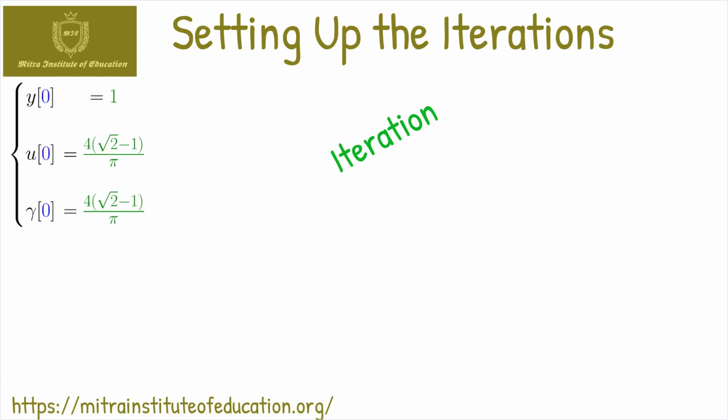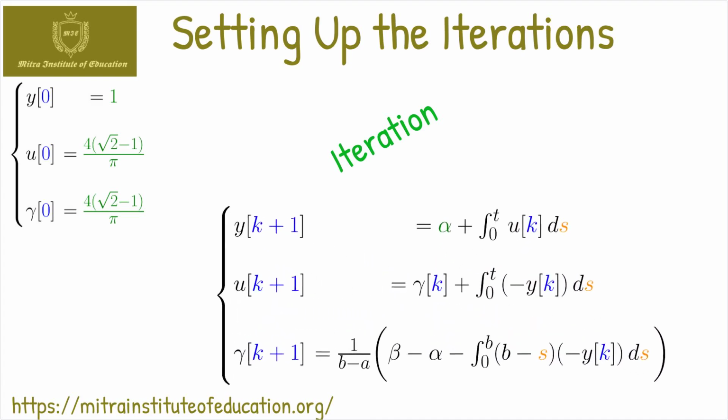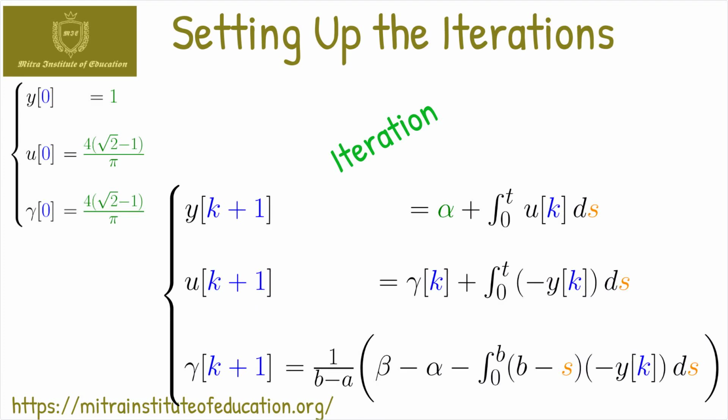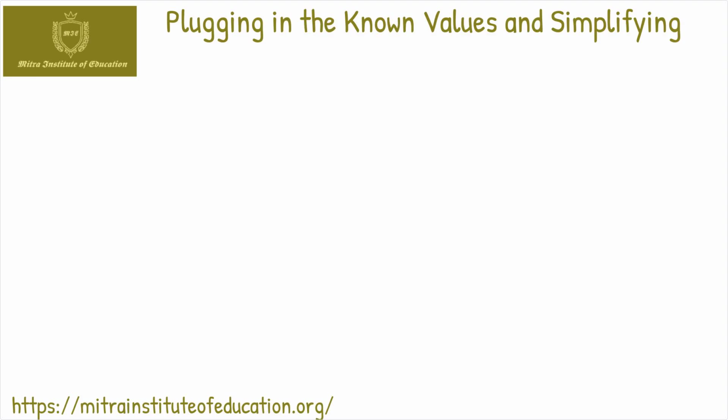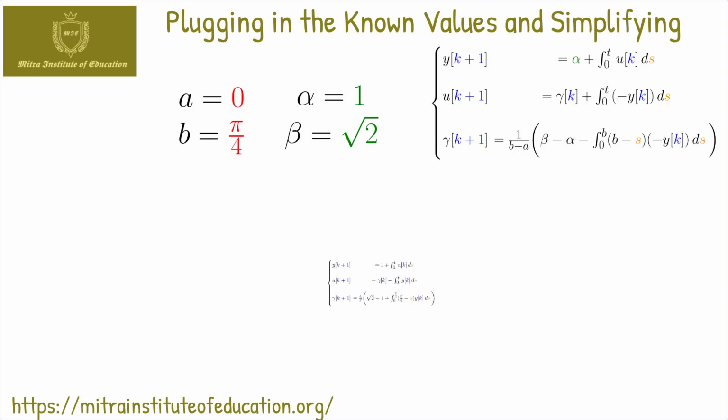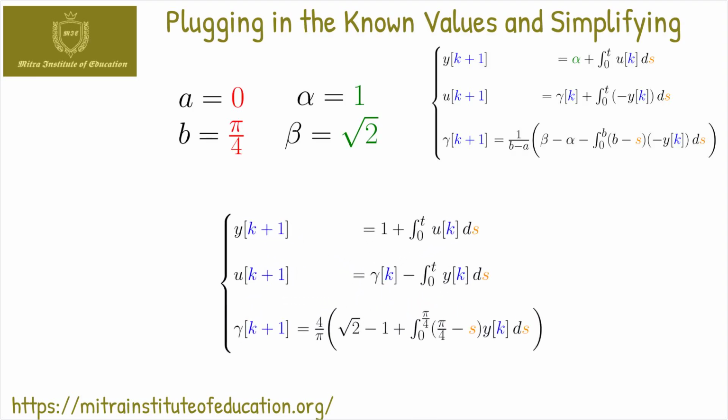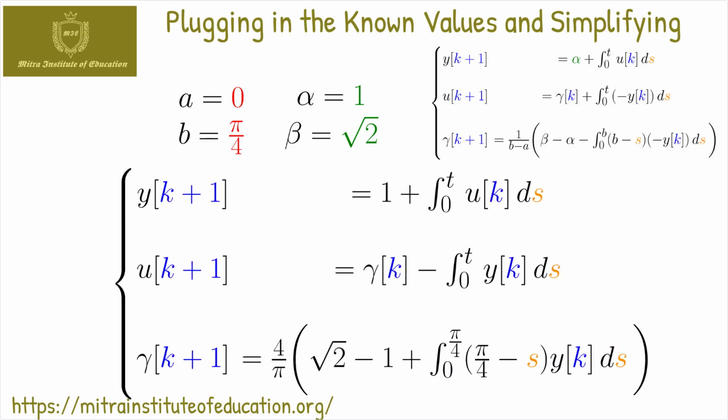In each iteration, we update our estimates for both the unknown function and the missing value. In this step, we plug in the known values into the equation. By substituting these values, we simplify the expression, which allows us to progress further in the iterative process.